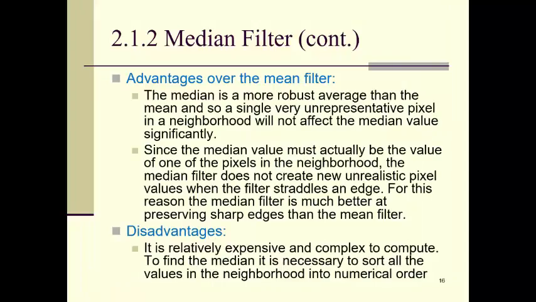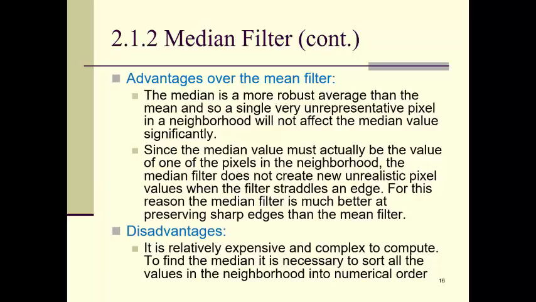So we can summarize the advantages and disadvantages in this slide as follows. The median is a more robust average than the mean. So a single very unrepresentative pixel in the neighborhood will be excluded. Any value that is unrepresentative, either the least value or the maximum value, I will not use, so it will be removed.